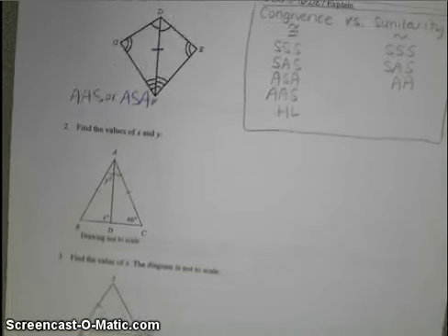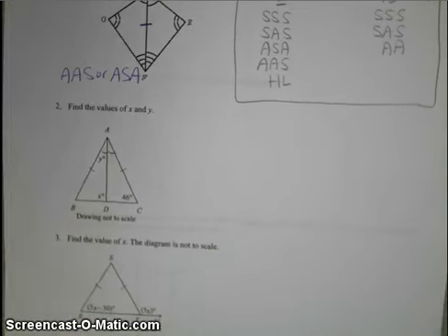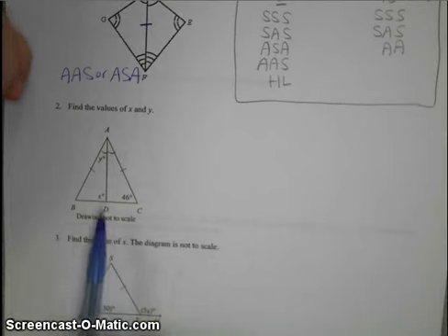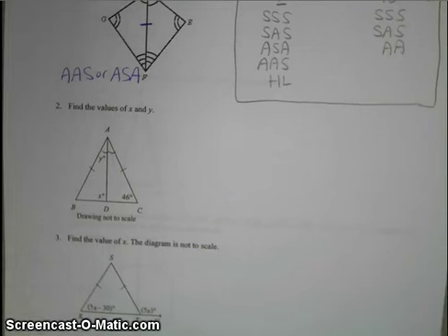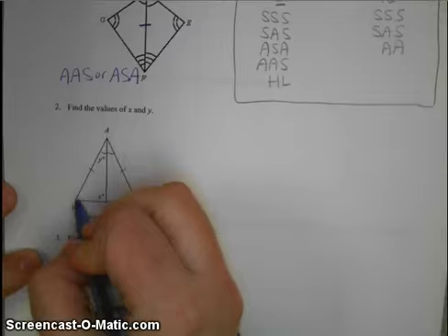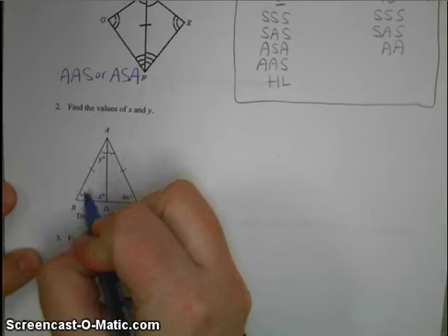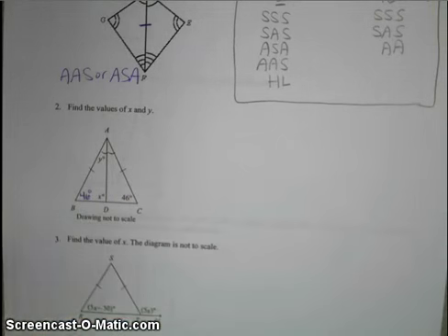Number 2, find the values of x and y. So first of all, we notice that we have two congruent marks here, so that makes this an isosceles triangle. So if this is 46 degrees, so is this. How do I know what's left for the angle BAC? Well, obviously I know the three angles in a triangle add up to 180.